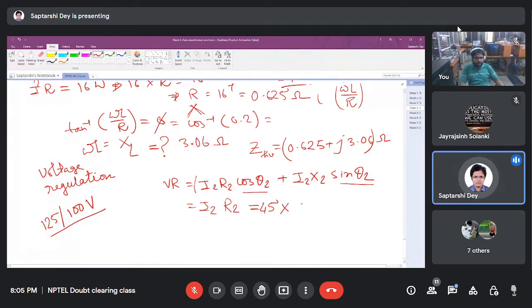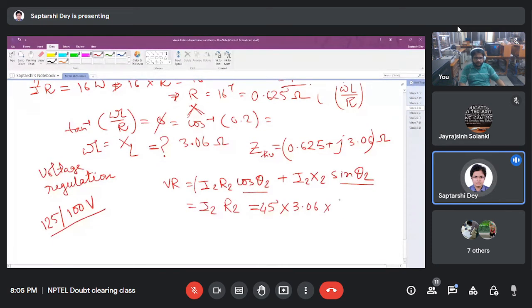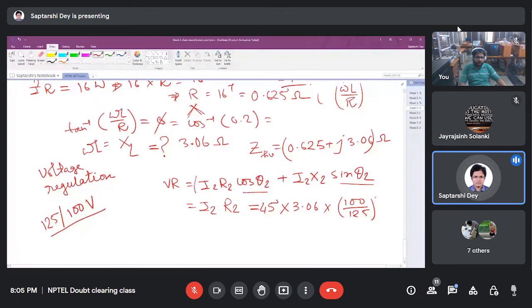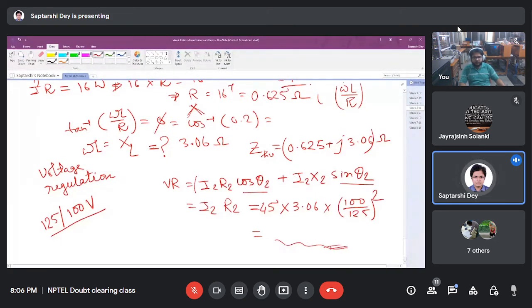This was a week 1 question. It is 3.06 times 100 by 125 squared. Whatever value you get, that much will be the voltage drop. Someone please do it and tell me the value.